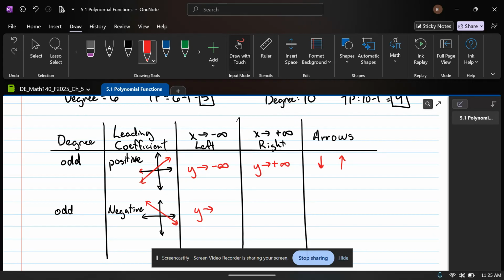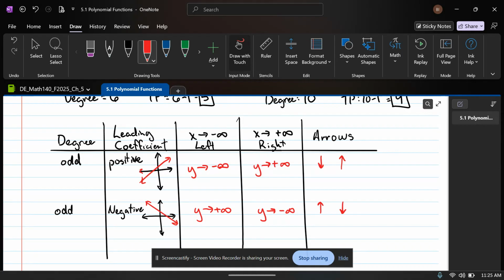So that's going toward positive infinity. As the x values are going to the right, or toward positive infinity, the y values are going down. That's toward negative infinity. So left side up, right side down.